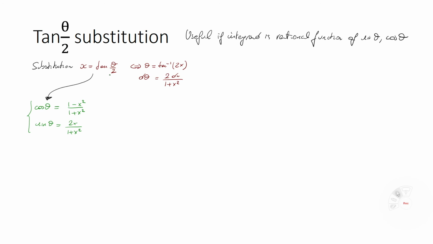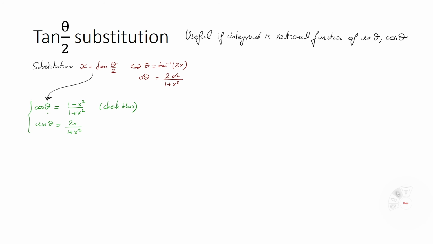That's just using the half angle formulas. I will let you check this by yourself if you don't remember how these formulas come about. So please check this just to make sure that you know where these formulas come from.